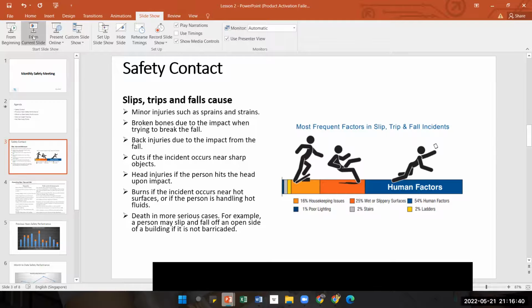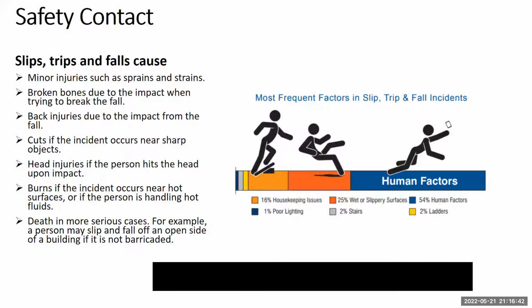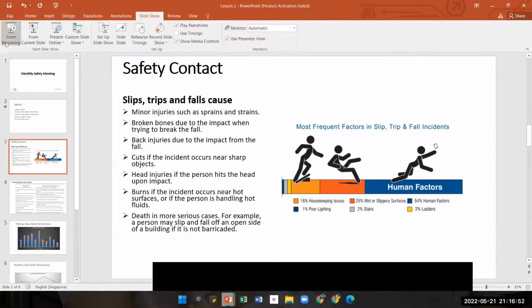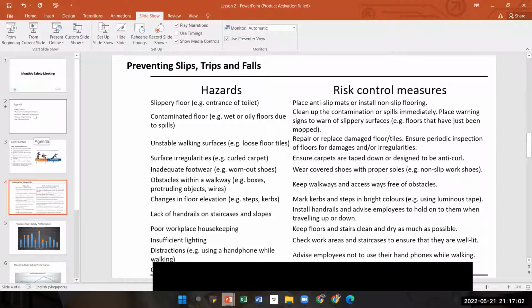When I choose from current slide, the slideshow will start from only this slide. So this is the difference between the first icon and the second icon. Start from beginning starts from the very first slide, whereas from current slide starts from the slide you have selected. Okay, this present online is not really required for you.